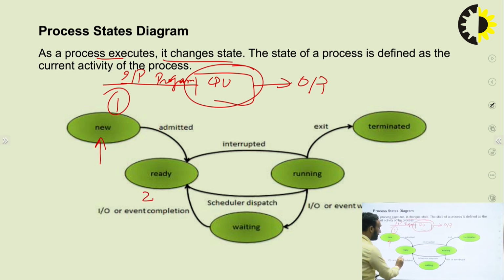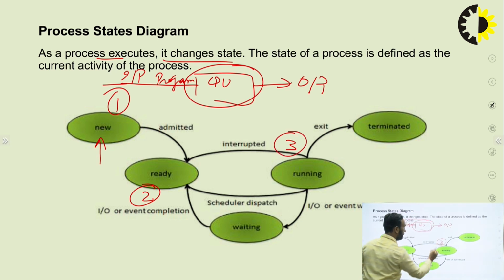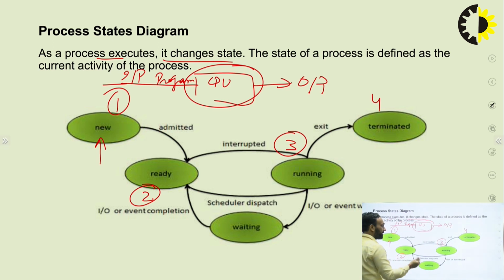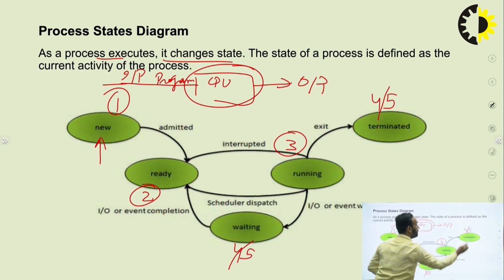The second one is ready. The third one is running. If the program is in running mode, it can go to the next state, or if the required resources are not available to execute the program, it will go to the waiting state. So after this, the state may be this one or this one.